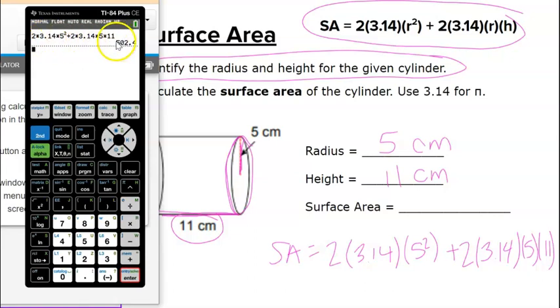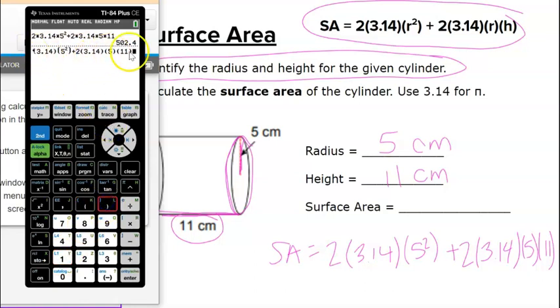I'm just going to show you how to use it with the parentheses. If you want to use the parentheses, you can, and it will give you the same answer. So we have 2, and then your parentheses are above the 8 and 9. So parentheses 3.14, and then parentheses 5 squared, and then plus 2 in parentheses 3.14, and then times 5 times 11.